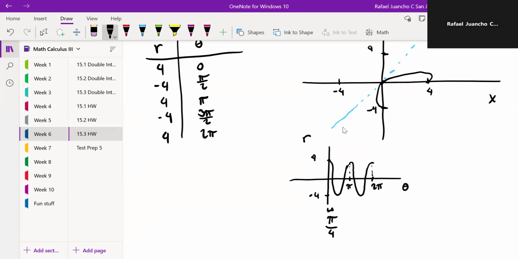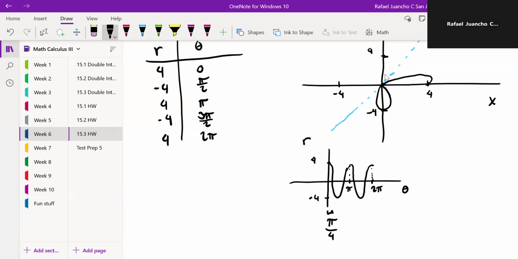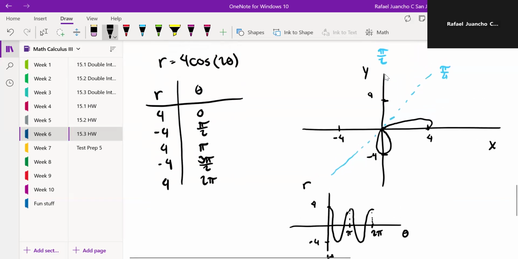So I basically keep going back to zero. And then now I go back to pi. So what does pi tell me? I'm at 4 now for some reason.